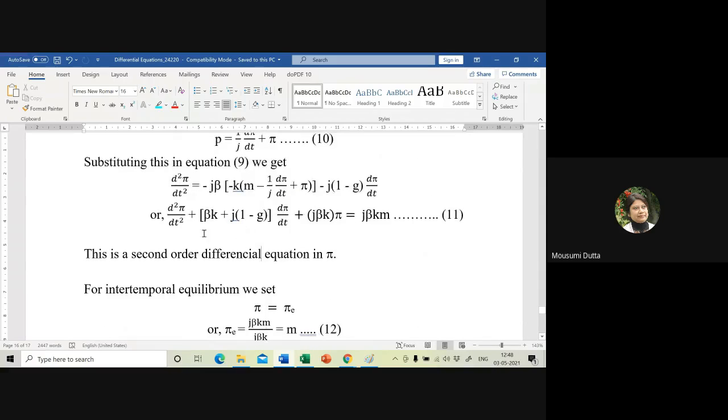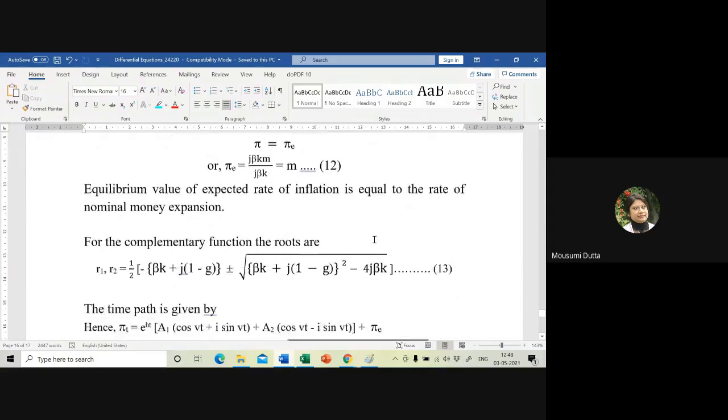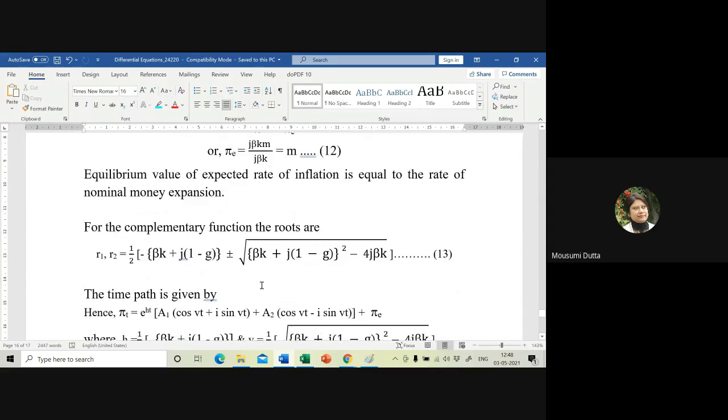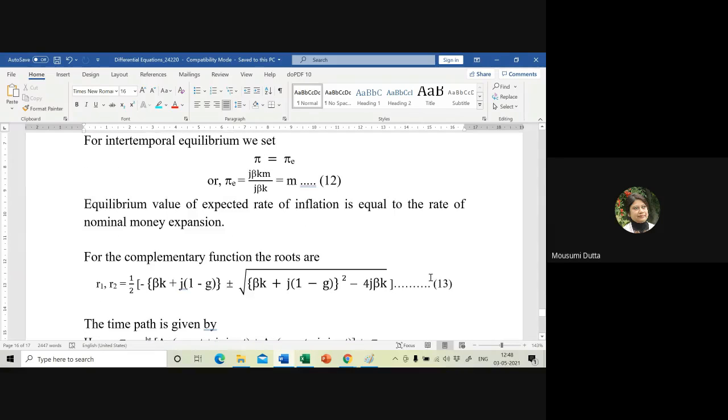So following the same principle, from equation 11, for the homogeneous form of equation 11, we are getting these two root values, minus b plus minus root over b square minus 4ac by 2a.